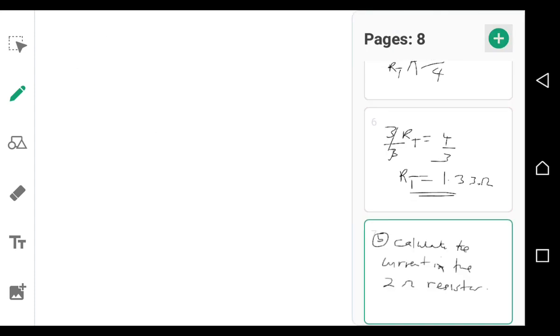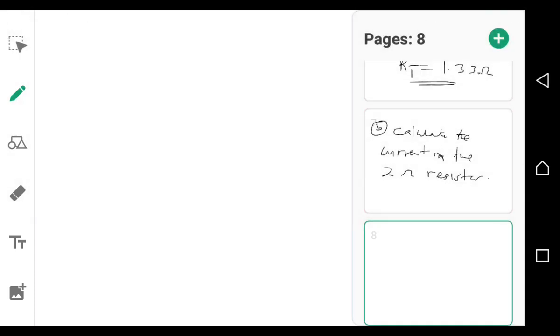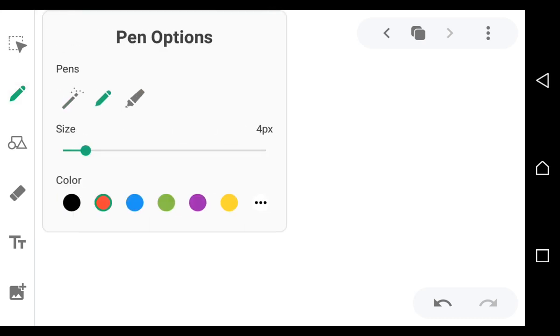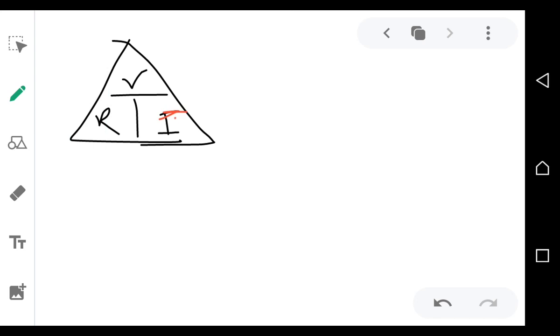When they give you such a question, you always use this formula for finding current. Resistance is equal to voltage over current. If I'm finding current, I'll highlight current here. So resistance is equal to voltage over current, which means current is equal to voltage on top over resistance.